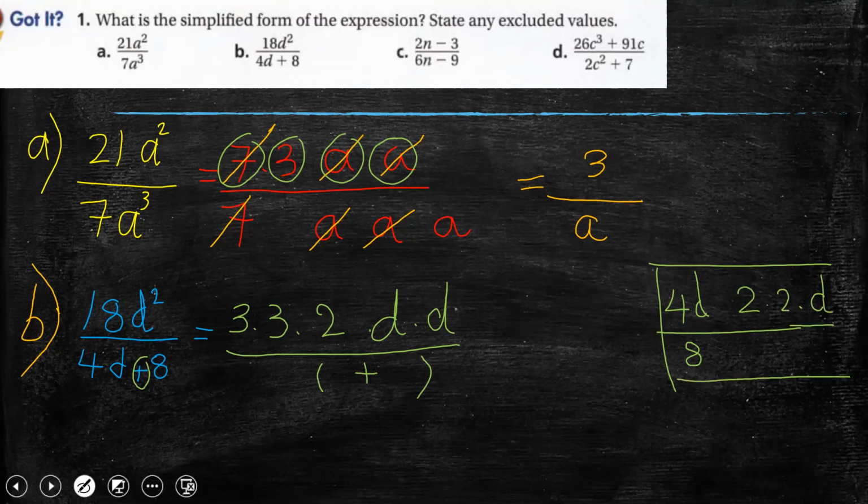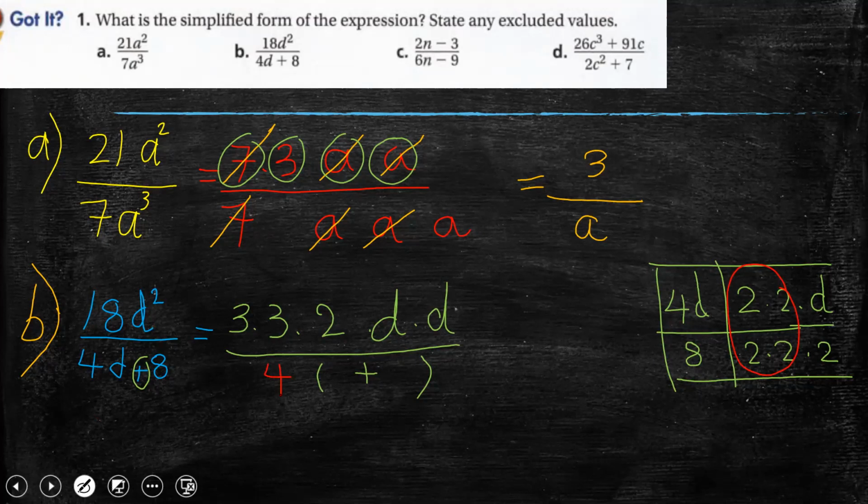And 8 is 2 times 2 times 2. Is it right? Yes. Now, what is the common factor here? 2 and 2, they are 4. So I have to put 4 outside.